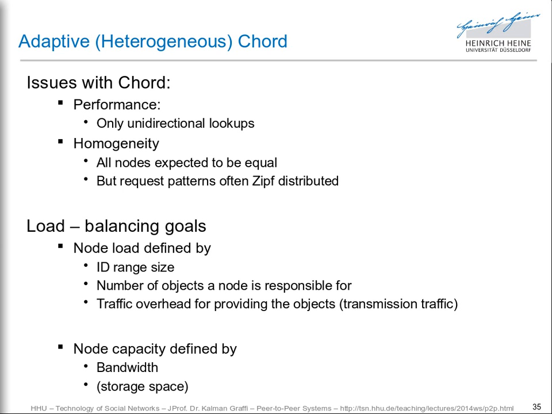This is maybe the one which is the best because requests in general are Zipf distributed. Also, we have the node capacity, which is defined by the bandwidth and the storage space, but the storage space is not critical because storage is cheap nowadays.